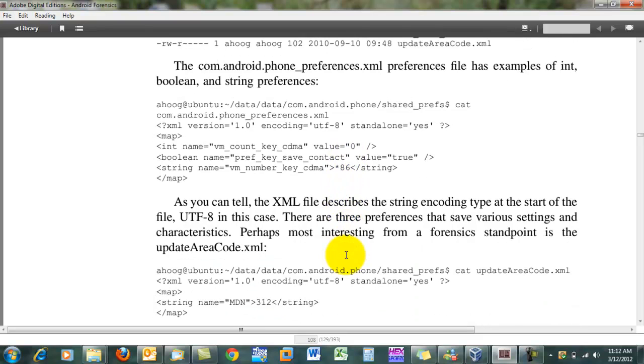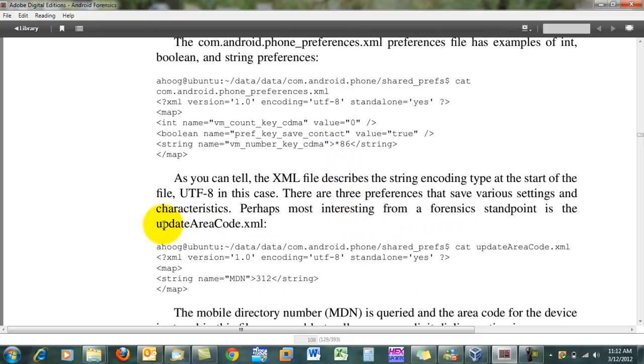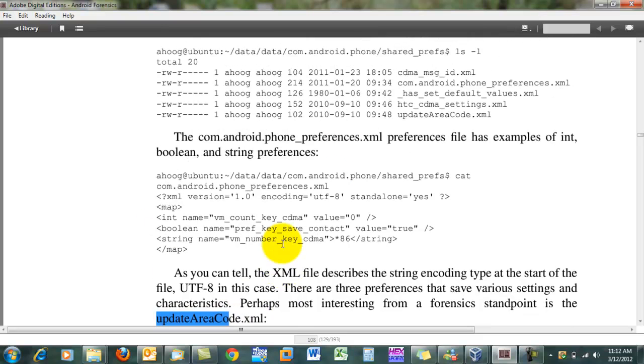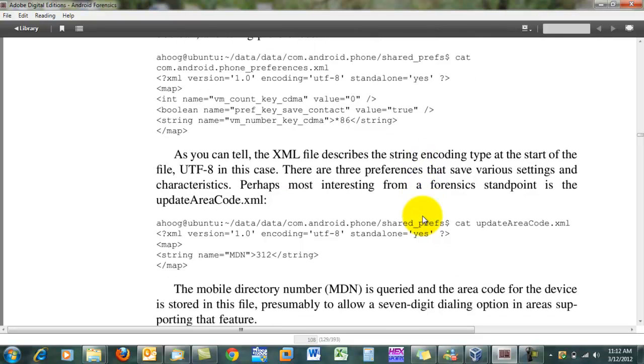We can actually look at one file which is called update_area_code.xml, which is here. Inside this file there's something called MDN string. This MDN stands for mobile directory number.